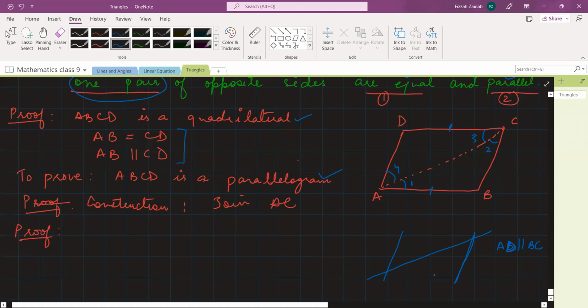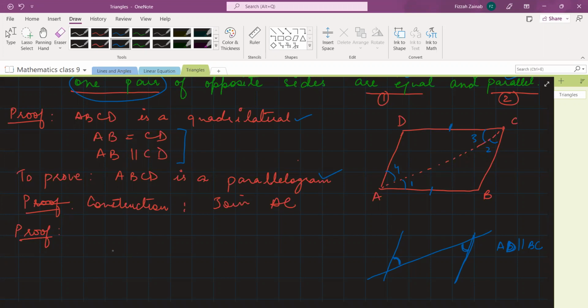Now, if we show that this angle is equal to this angle, so if the alternate interior angles are equal, then the lines are parallel, isn't it? We have done that in the chapter Lines and Angles.